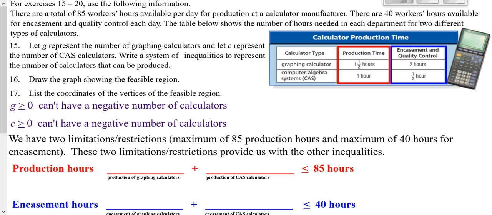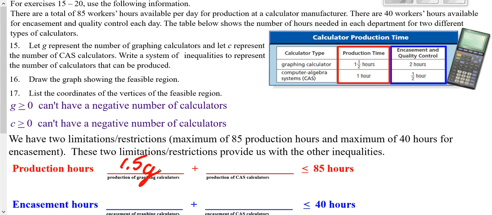So as we look here, we can look at our production. For our production, which is in red, it's 1.5 hours for each graphing calculator. So I'm going to go 1.5 times my graphing calculators.